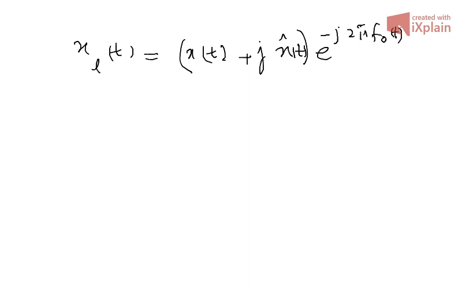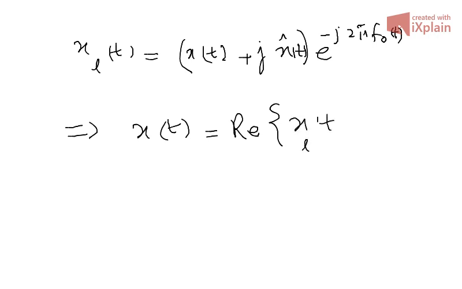So we can write x(t) to be the real part of x_l(t) e raised to the power j 2 pi f naught t.